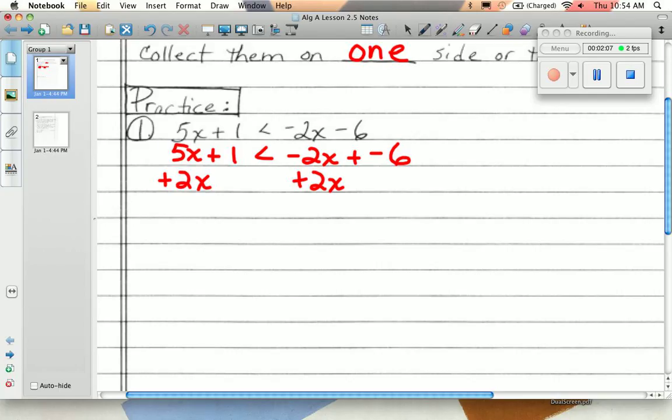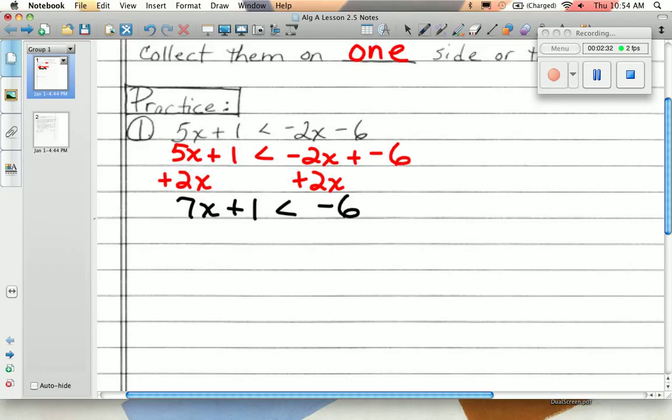So now we have 7x plus 1 is less than negative 6. And another good reason for changing subtraction to add the opposite is so that we treat that 6 properly. Sometimes we like to think it's just a positive 6, but we can see it's really a negative 6.